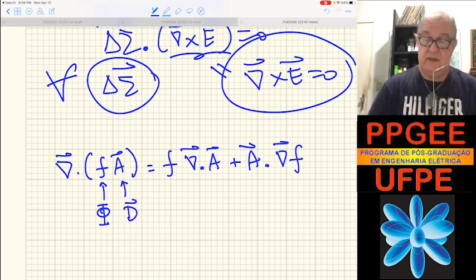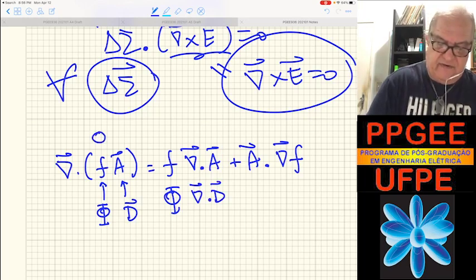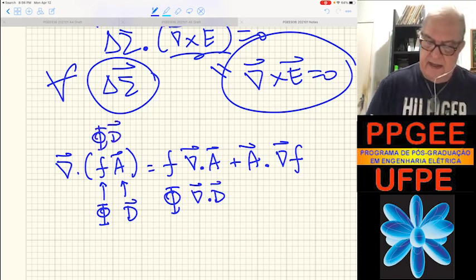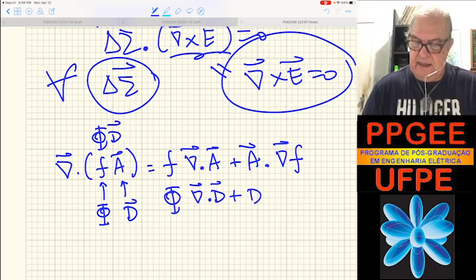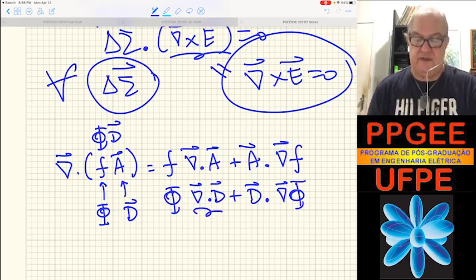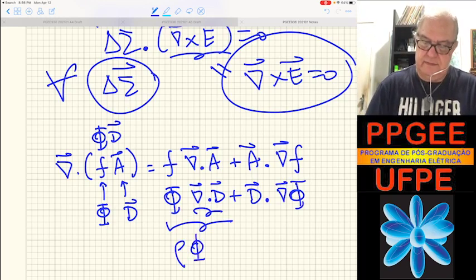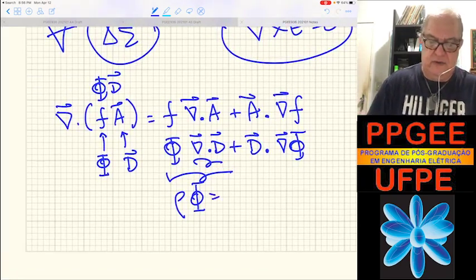So we're going to have phi times the divergence of D, plus D dot gradient of phi, right? So this is the rho phi function that we have.